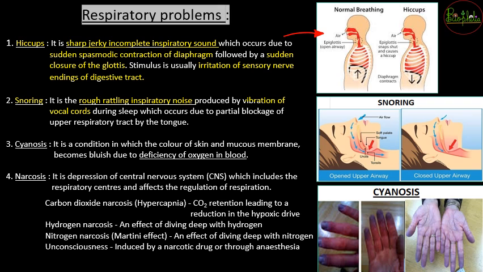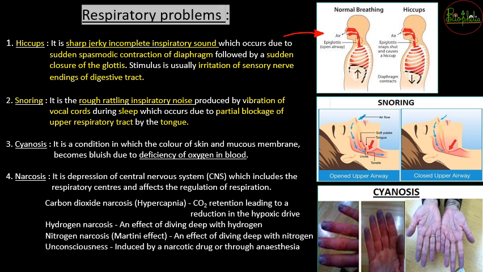Okay, now once the person is sleeping, right, during his sleeping position, there can be a chance of partial blockage of the upper respiratory tract. Now, as soon as there is a partial blockage in the upper respiratory tract because of the tongue, then there is going to be incomplete vibrations of vocal cords, जिसकी वजह से snoring noises can be seen.